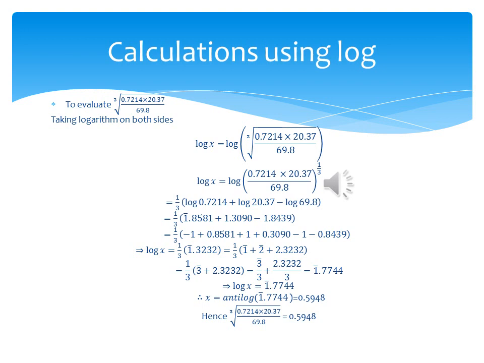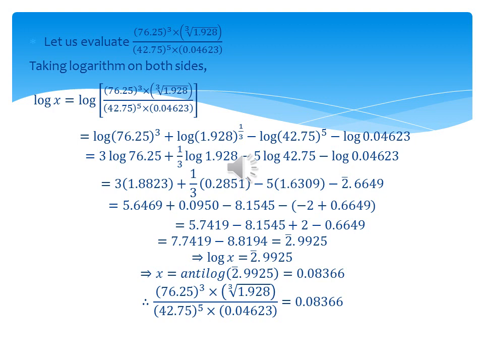So from log x, whenever you have to find x, we take anti-log. So taking anti-log of bar 1.7744, we get 0.77 under 4 and 4 from the table, 5948. Our answer will be accurate and it is much easier than actually doing the calculation.